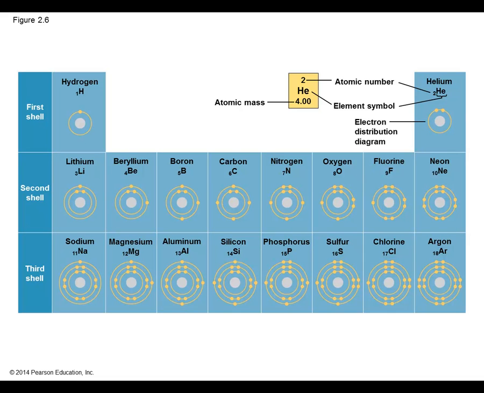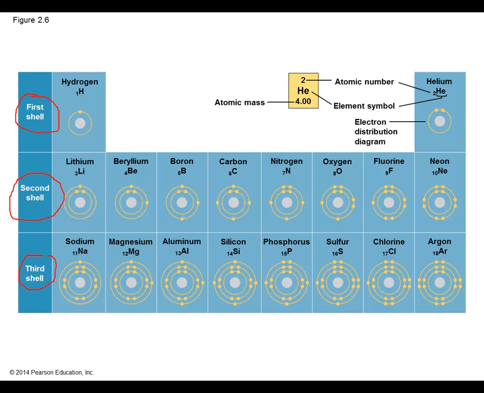So they're arranged in rows corresponding to a number of electron shells in their atoms. If it has only one shell, that's row 1. If it has 2 shells, that's row 2. Row 3 has 3 shells.